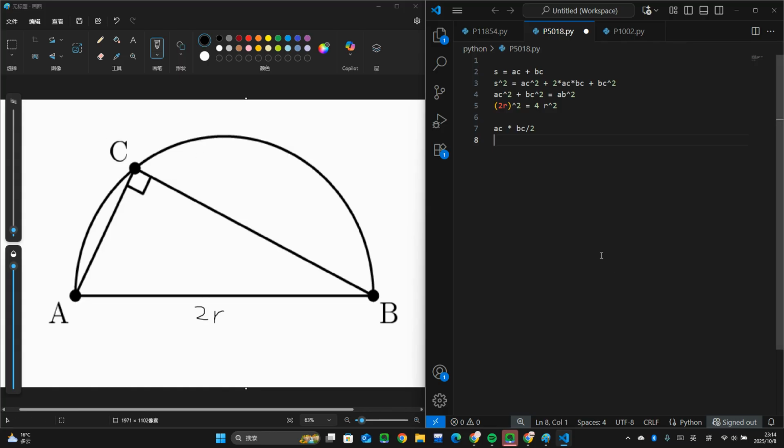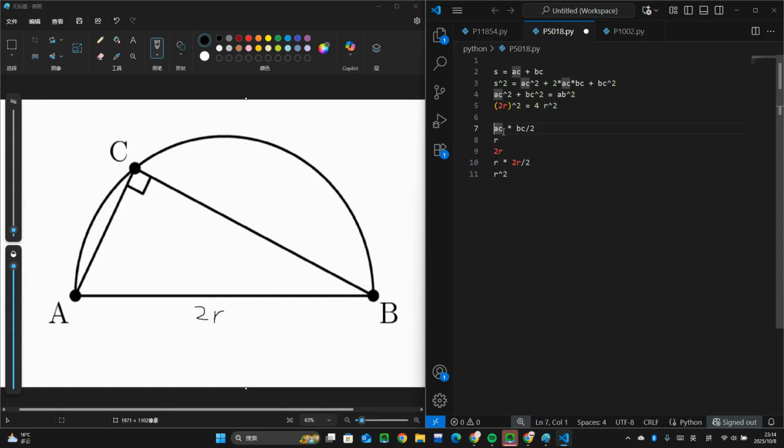And the maximum altitude is just R. The base is always 2R, and the altitude at max is R. That's when C is at the top. So the area of this triangle at max is just R times 2R over 2, which is just R squared. That is the maximum area.